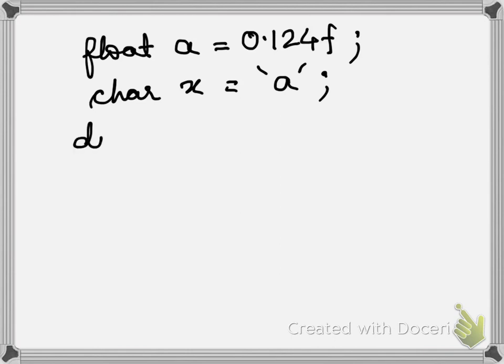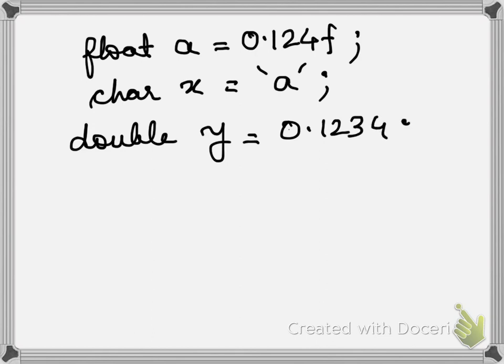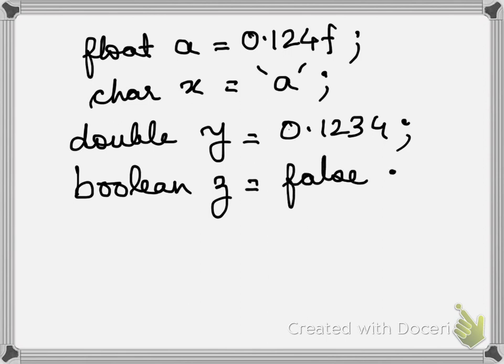And I can have double y is 0.1234, something like this. So this is how you declare variables. You can also declare boolean like this. A boolean can take only two values, true or false. So let me say false. This is how you can declare variables.